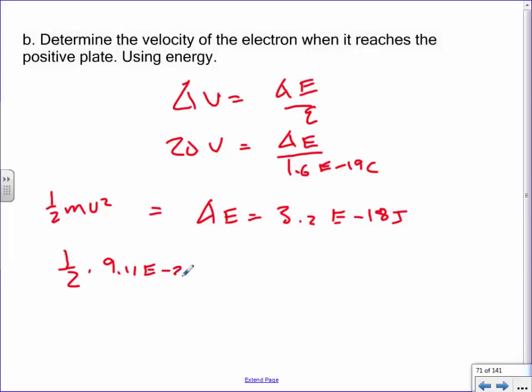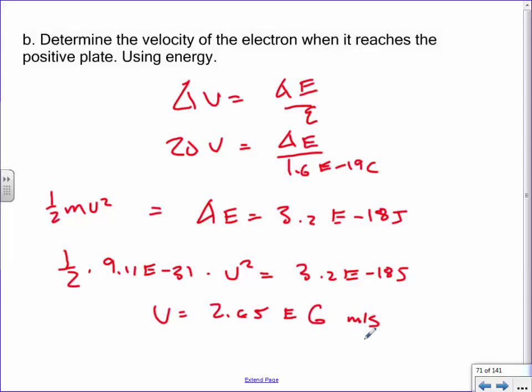Yep, 31. And that's equal to this value right here. So times by 2, divide by the mass of the electron. Don't forget to square root it. Is that an answer?